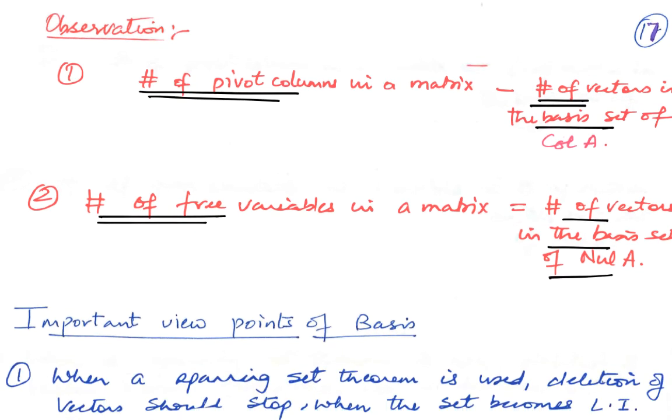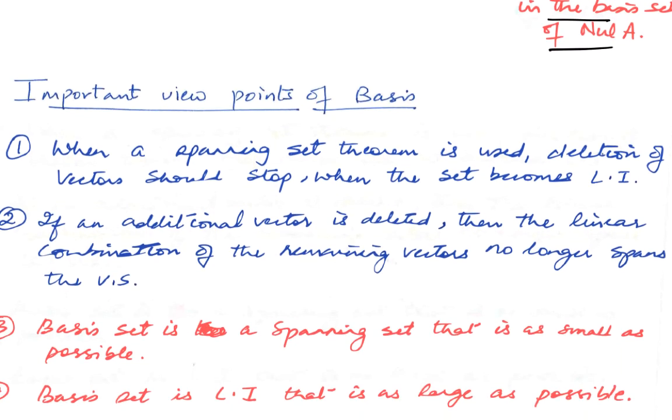Okay, now let's look at some important viewpoints of the basis. When we're having a spanning set theorem, the deletion of vectors should stop when the set becomes linearly independent. And if you delete one more additional vector from that linearly independent set, then the set no longer spans the vector space.